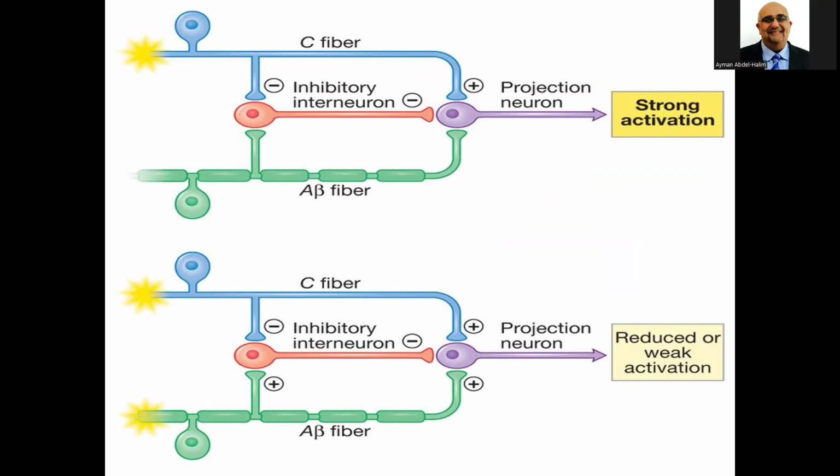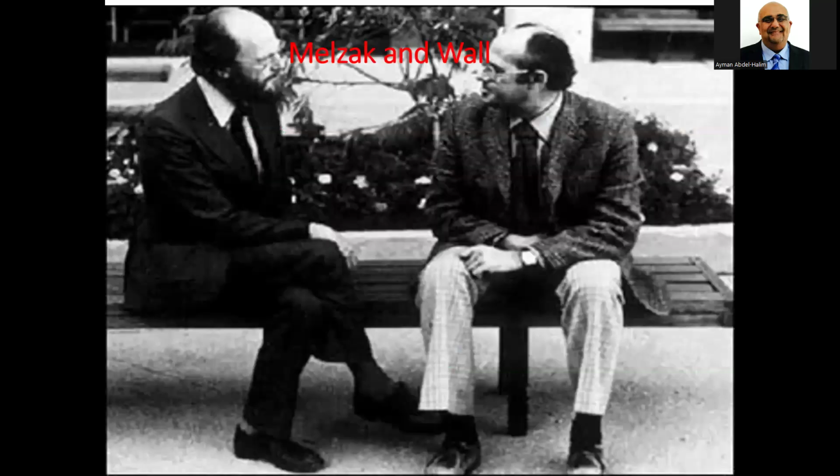They're carrying basically what we call the slow pain. And this was basically the work of Patrick Wall and Ronald Melzack. These guys won the Nobel Prize in 1965 for their discovery here.